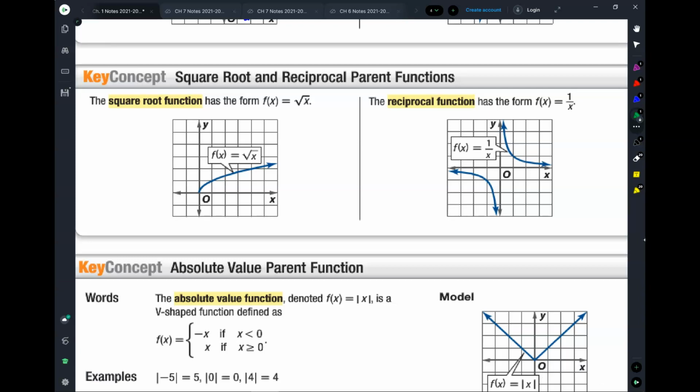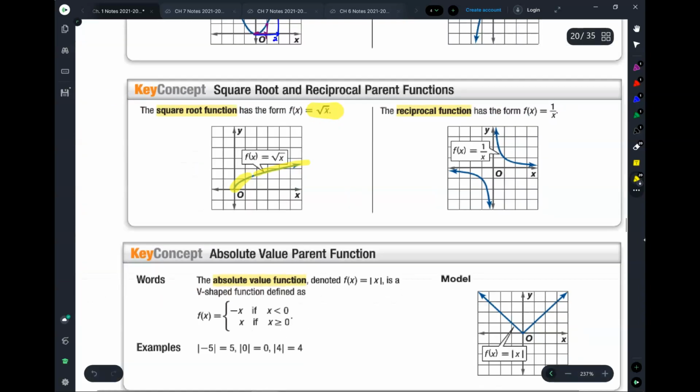This is how it looks. For the square root function, you only have half of an arm, right? So remember that. There is an endpoint and then it goes up.